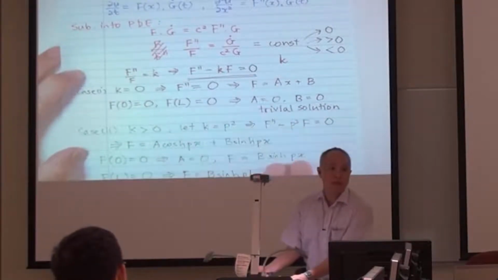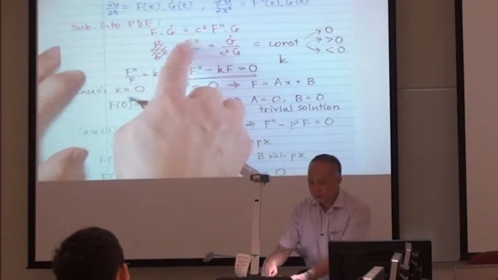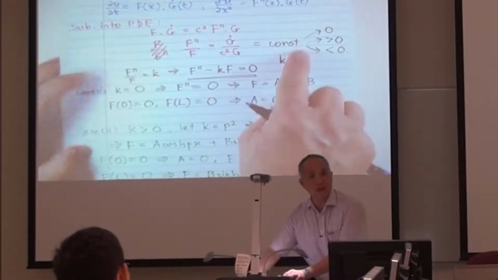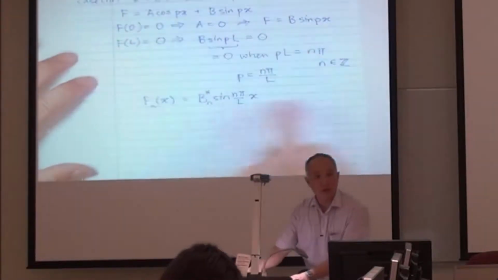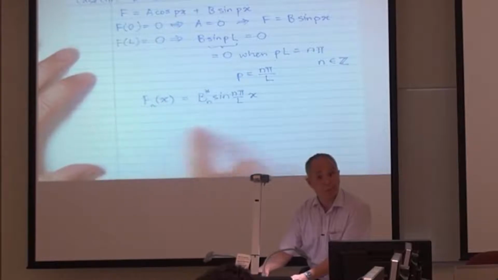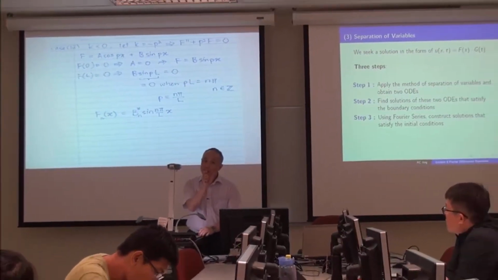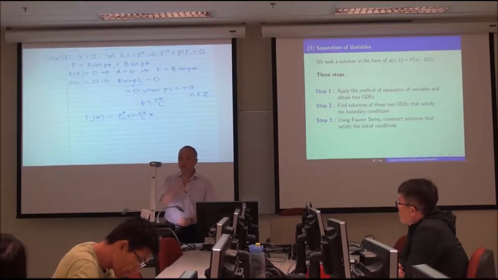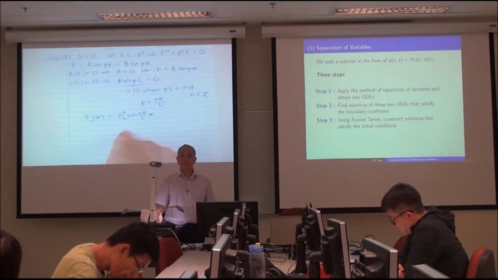I also get a trivial solution. So it cannot be positive. The only way is when this thing equals a constant, and this constant is negative. And when I go through the analysis, I find that if it is negative, then the F has got to take this form. So now we have a form for one part of our solution. Remember, we want to find u(x,t), and we say u(x,t) is F times G. We found F already.